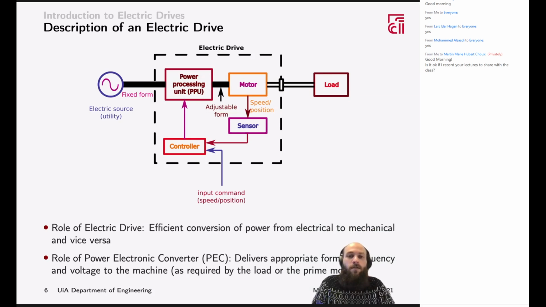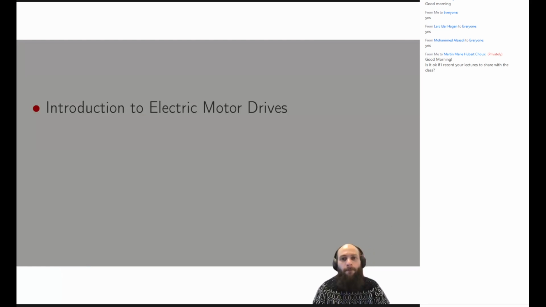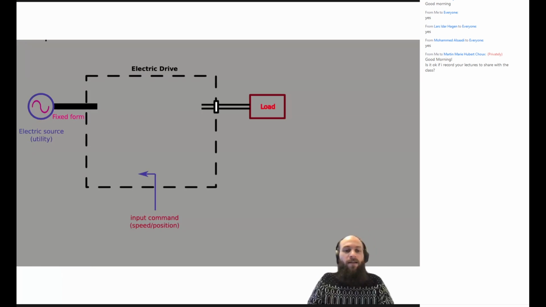So this is a short introduction on electric drives. An electric drive is a smart converter or transformer that converts electrical power from a fixed form, for example, 50 hertz, 3 phases, 230 volt or 400 volt, into mechanical power with variable form, because we can have a variable speed and also a variable load torque.